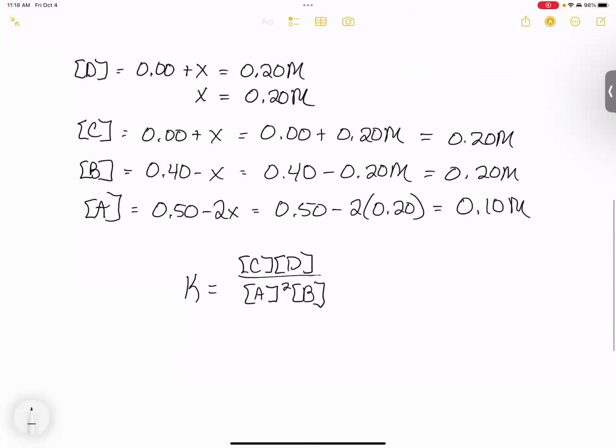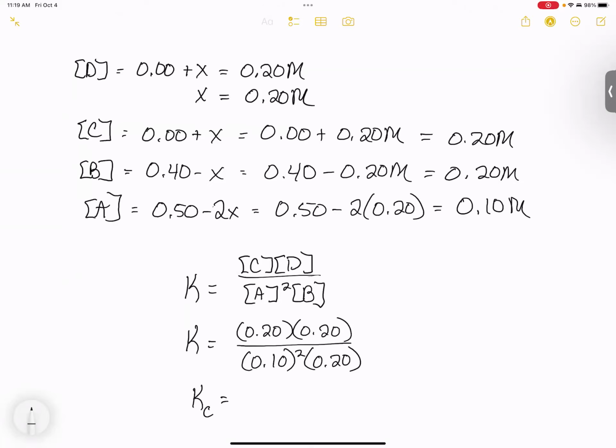So plugging in our values, K is equal to 0.20 times 0.20 divided by 0.10 squared times 0.20. So our Kc comes out to be equal to 20. Questions?